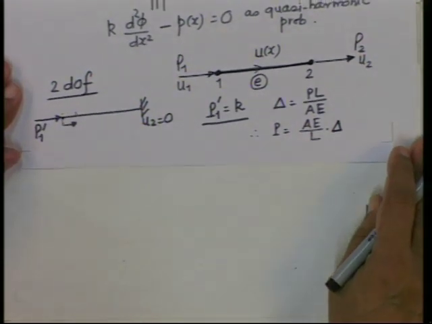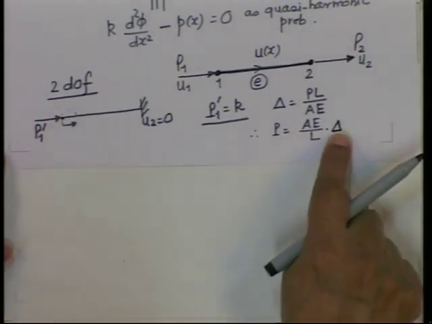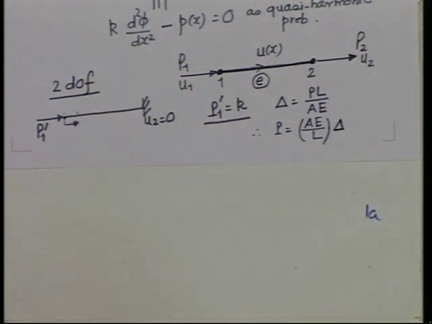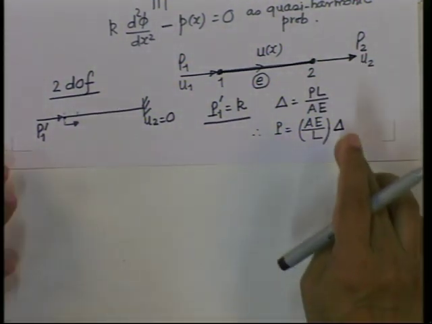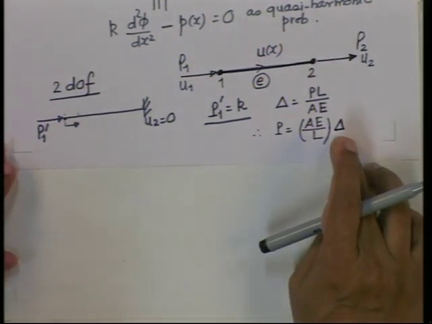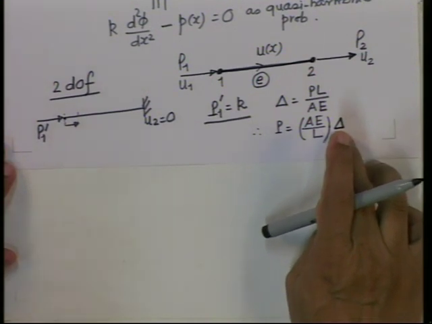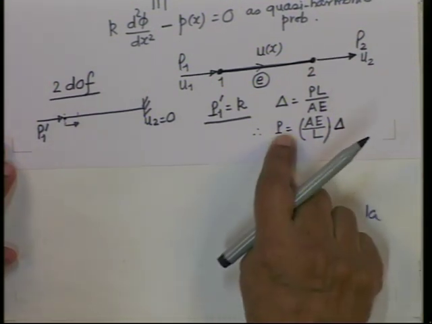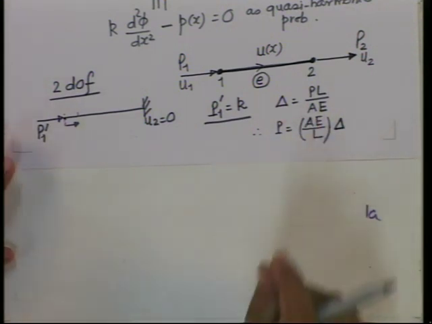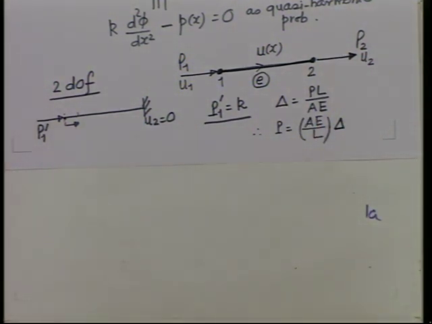If there is a single displacement, P and delta are related by this A by L. So if delta is equal to 1, P becomes equal to A by L, which we call the stiffness of the member, the force required to produce unit displacement.